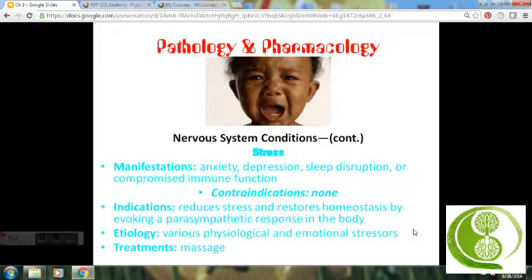Since GAS was introduced to the scientific world, endless amounts of research have been performed on the neurochemistry and physiology of stress. The body responds to stress by releasing chemicals that trigger physiological changes that help the body cope with the stressors.